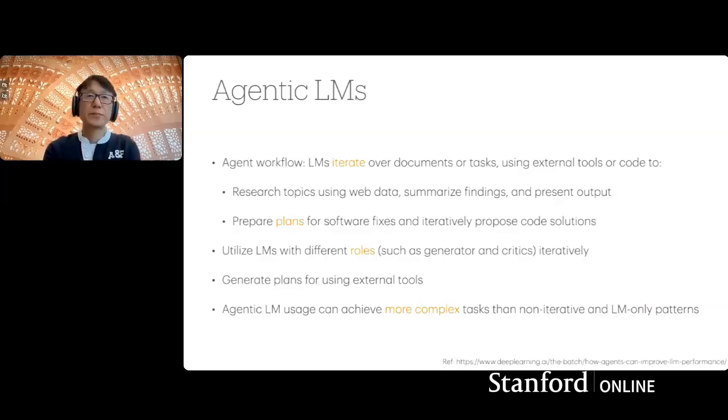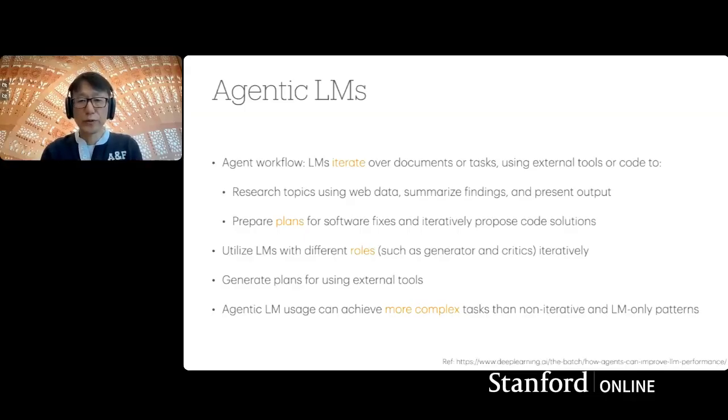These are the ways that we can use a language model in agentic format, by doing iterative language model calls. The main reason why agentic language model usage is getting more widely used is that, given the same model, if you ask just a direct request, the model may not be able to handle it.